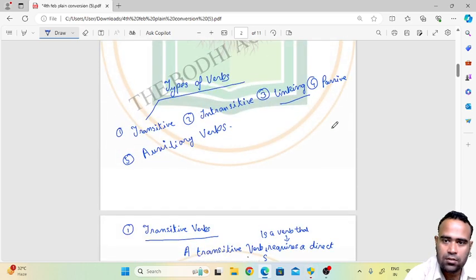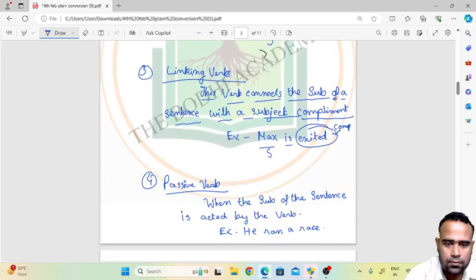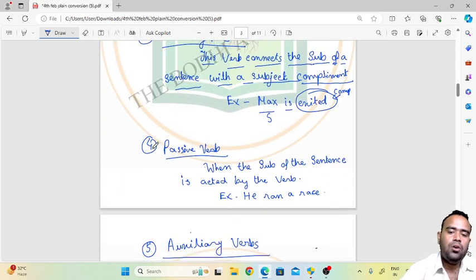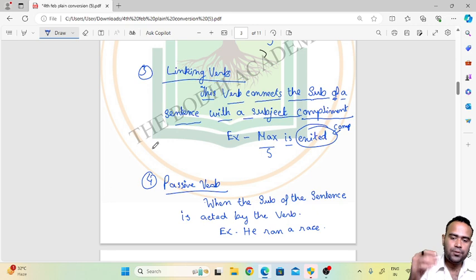Just check this out. Passive. So what is the definition of a passive verb? When the subject of the sentence is acted upon by the verb, it means the subject is directly linked with the verb.